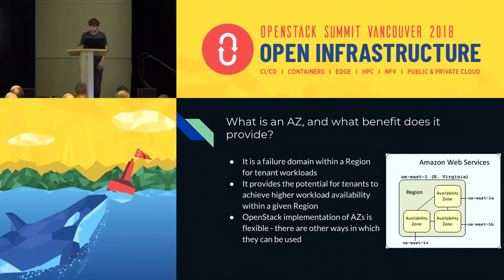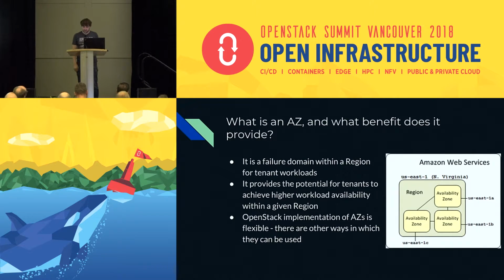What's an AZ? Start with the basic question. The simple answer is it's a failure domain within a region for your cloud application or your cloud applications. And like many things in OpenStack, the original concept comes from AWS, which is shown on the right.